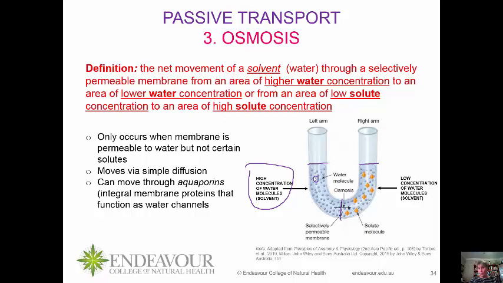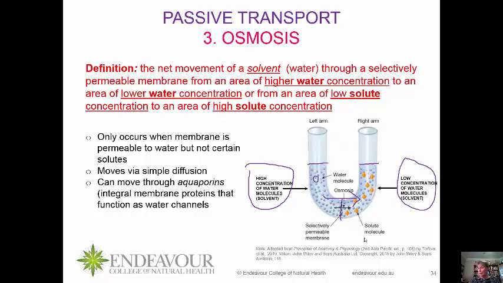And we know that in diffusion, particles, in this case water molecules, will move from high concentration to low, because there's more little blue dots on this side than there is on this side. So the actual little dots, the water molecules, will move over to the right arm, where there was a lower concentration of water molecules.